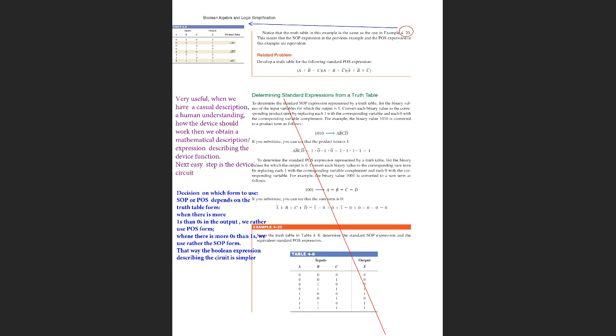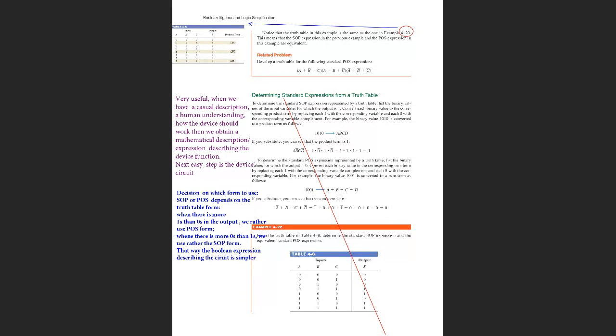It may happen in an extreme situation that there is just one row in which the expression is equal 1. So we take SOP form, okay? If there is just one row in which the expression is equal 0, we take POS as a good representation of this expression.